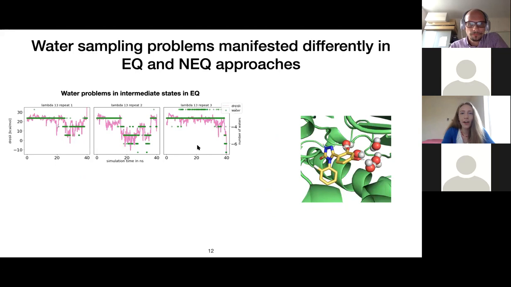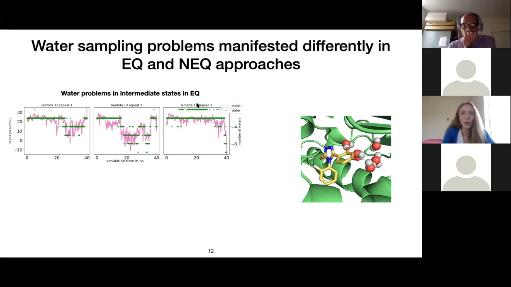Here we found that the sampling of the right amount of water molecules in the binding site was really challenging. In the equilibrium approach, we found that when the ligand is only partially interacting in these alchemical intermediate states, more water molecules are able to enter this buried space, and that this motion is really slow.